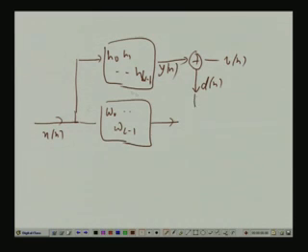Now, what is the optimal filter here? For Dn, that filter which corresponds to what? The orthogonal projection of Dn on what? On the space spanned by Xn, Xn minus 1 up to Xn minus L plus 1.